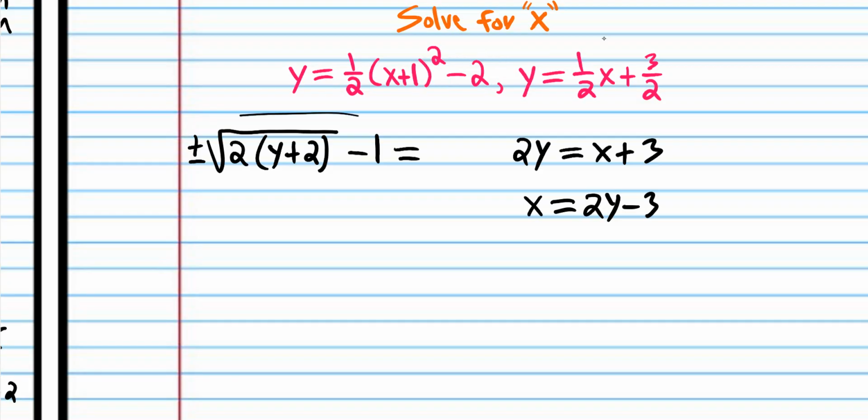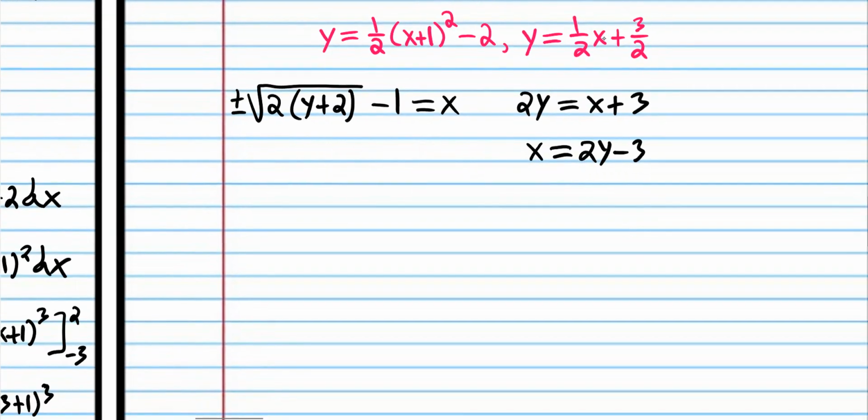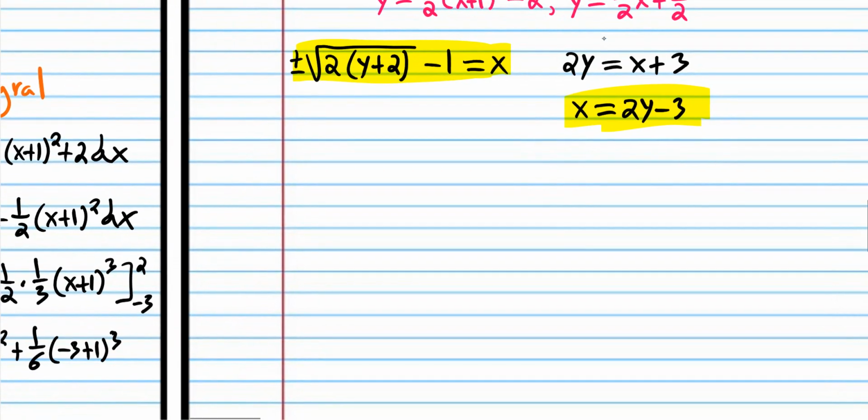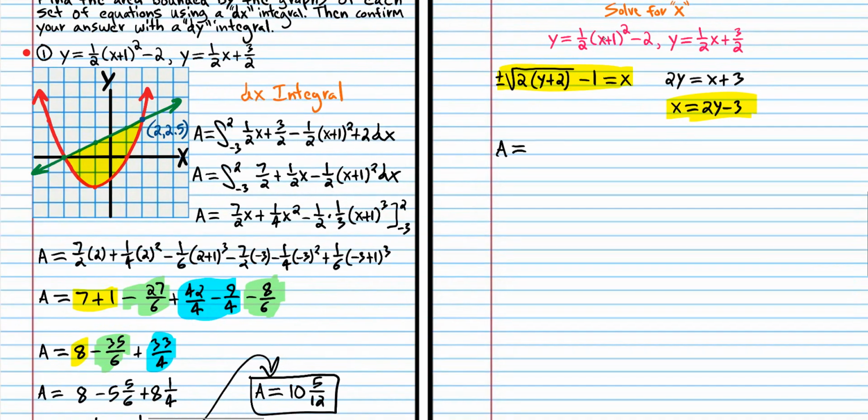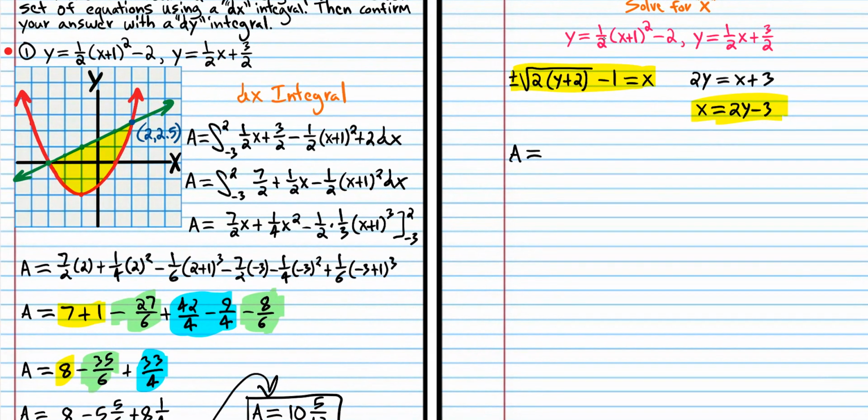And then you'll get this expression here. So now that's in terms of x. Okay, so these are the expressions that we needed. So now we're ready to go. So the area of that region that we're looking for, that yellow region, maybe I should use a different color for this stuff here.